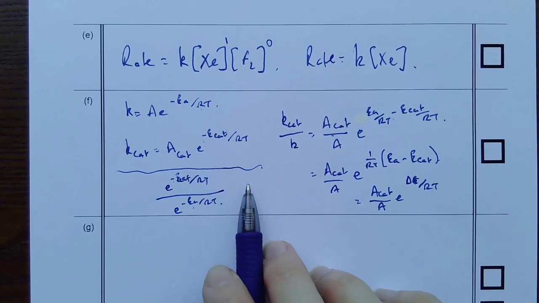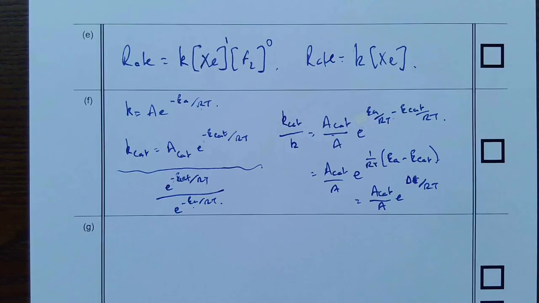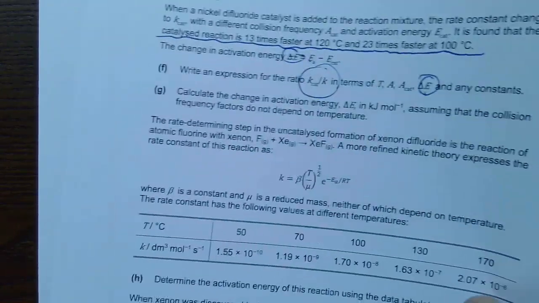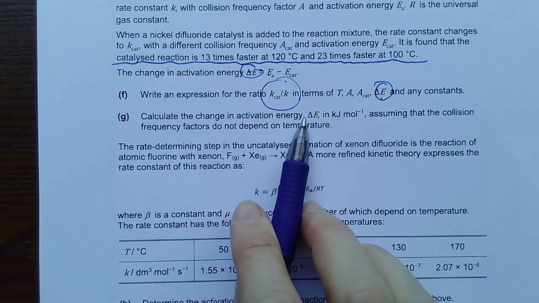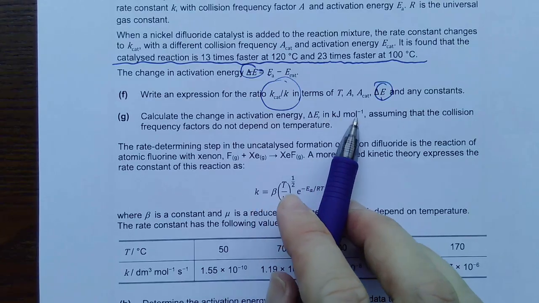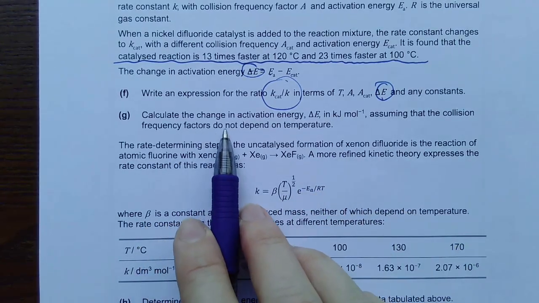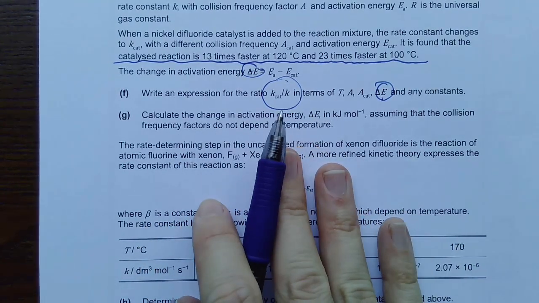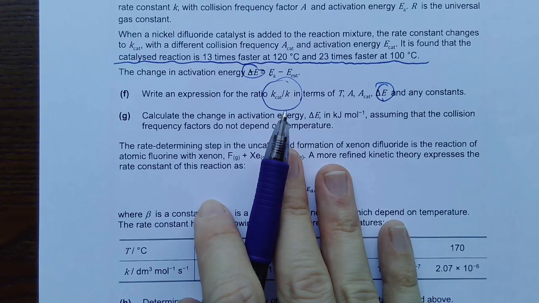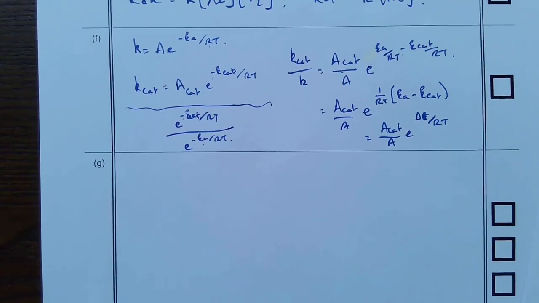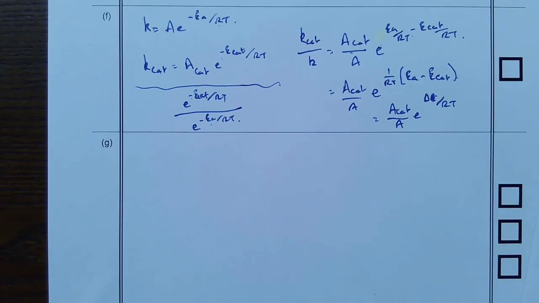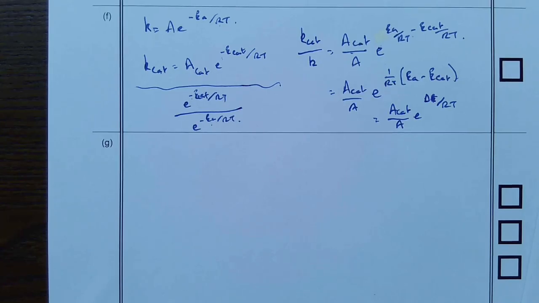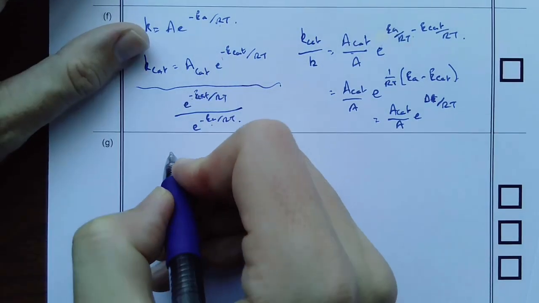This is a really common thing to be doing with Arrhenius equations. So then, calculate the change in the activation energy, assuming that the collision frequency factors do not depend on temperature. So what we've got is, let's think.